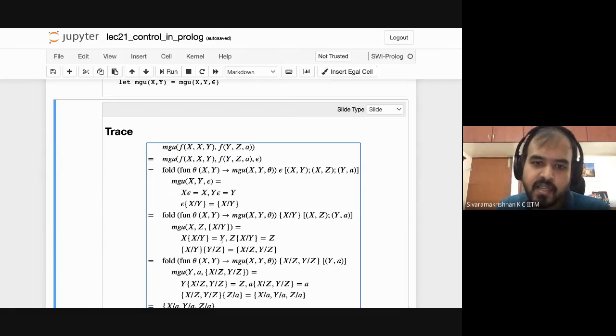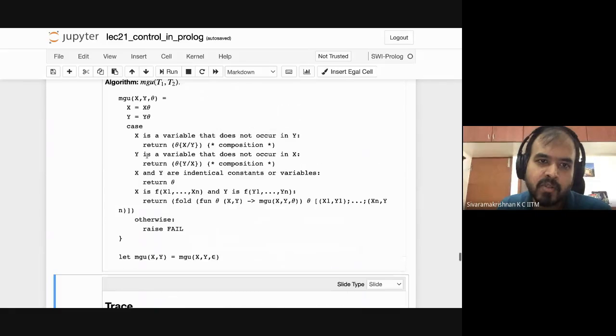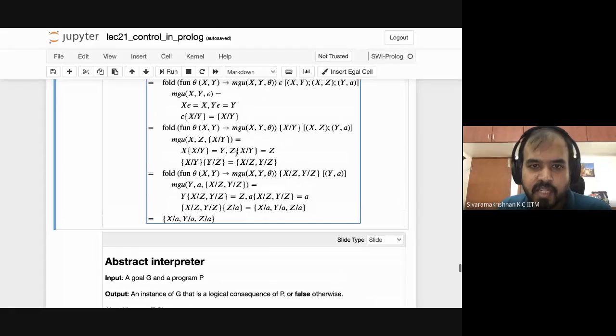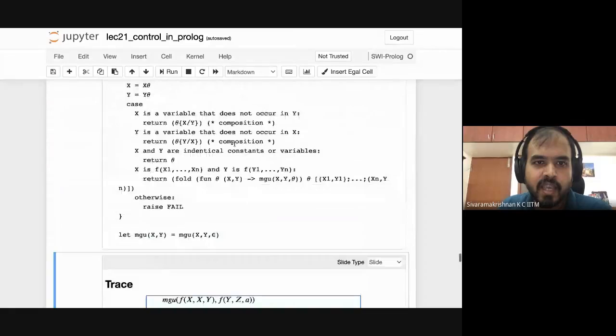Now we go through these cases, and we hit the first case again. If the first term is a variable and does not occur in the second term: y is a variable that does not occur in z. Then the result is take the current theta and then compose it with x slash y.